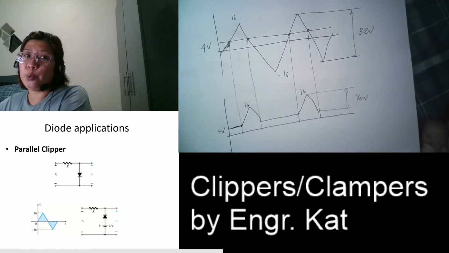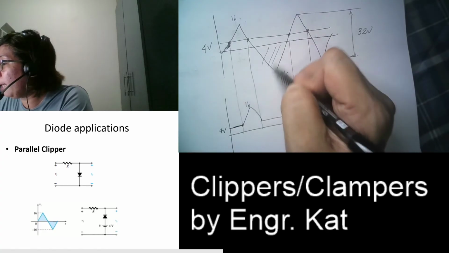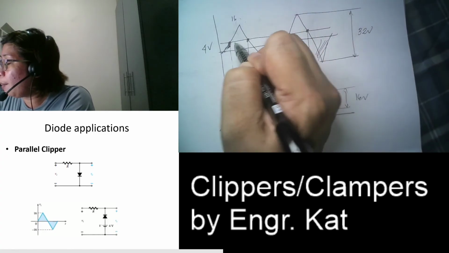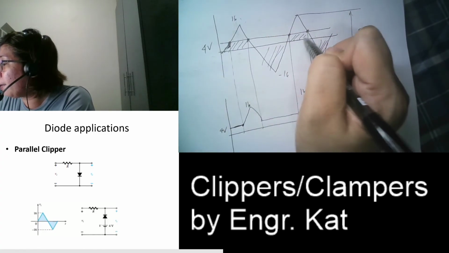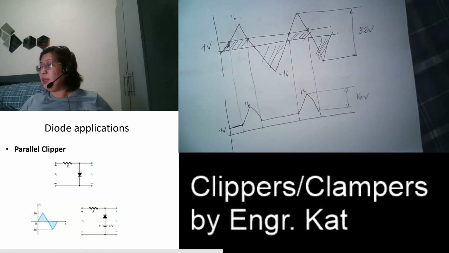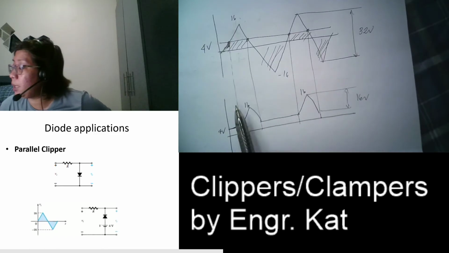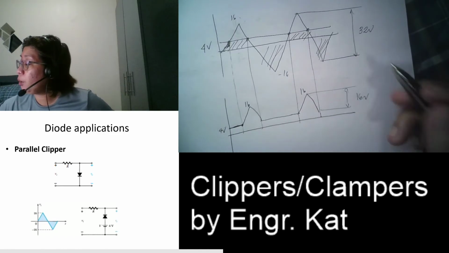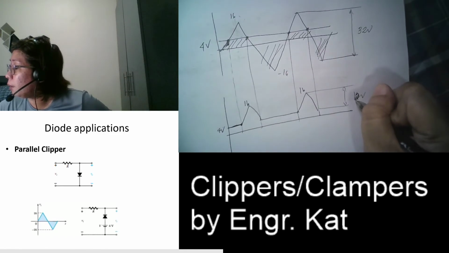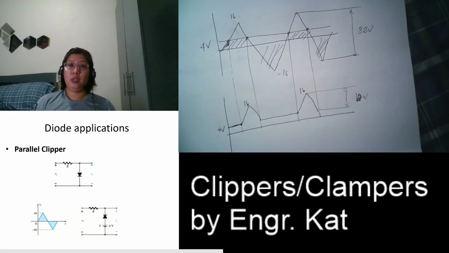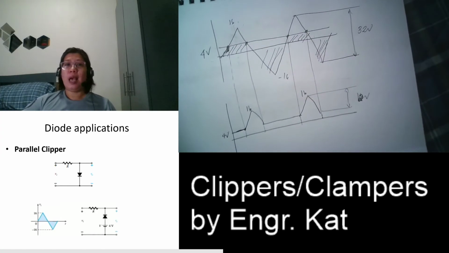So what are those removed? The whole negative 16 plus your 4 here. Oh, no, this is 16, this is 4, so this is only 12 volts. So we remove the whole negative half and a portion of your positive half.